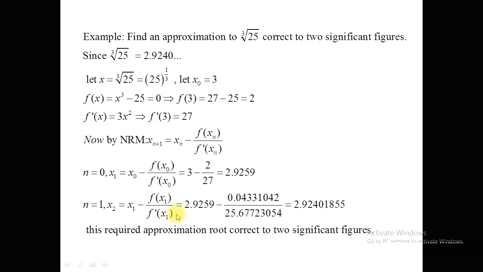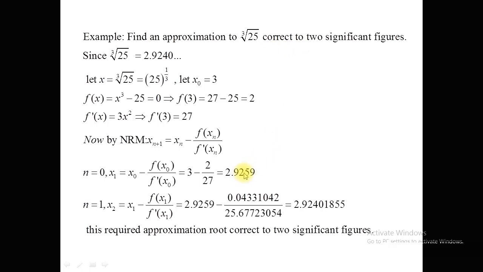So the second approximate root is now 2.92401855. Dear students, as I told you in the previous slide, when two successive roots after the decimal are repeated to 2 decimal places, suppose in this example we have to find the root correct to two significant figures.